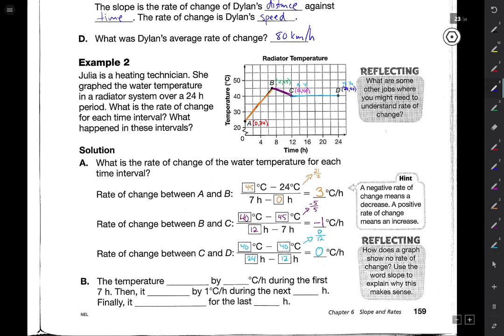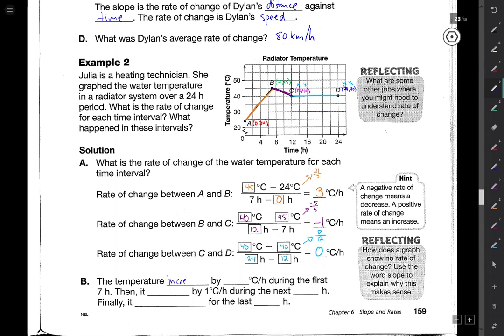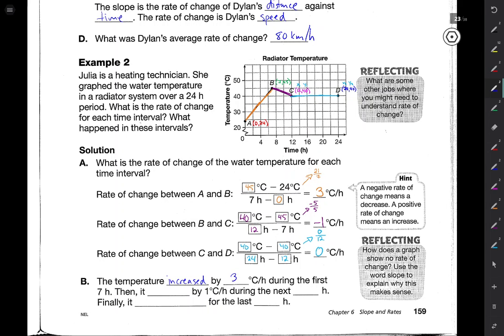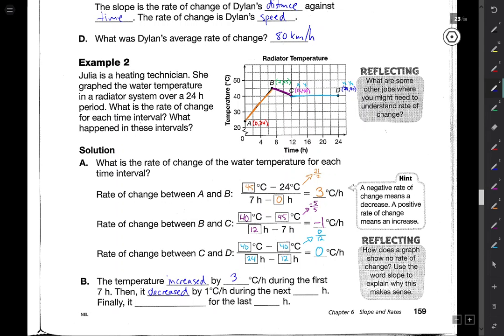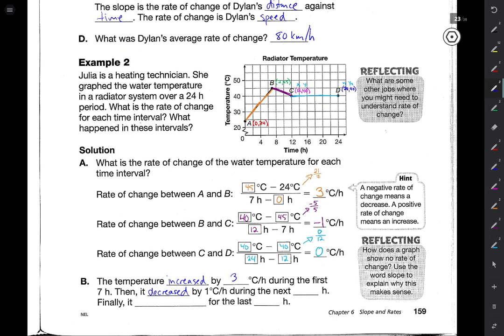So now let's describe what's going on. In part B, it says the temperature blank by blank during the first 7 hours. So we're going to say it increased by 3 degrees Celsius per hour during the first 7 hours. So that's that orange line segment. Then it decreased by 1 degree Celsius per hour during the next. And how many hours did that take?